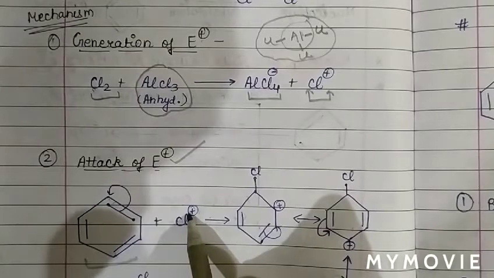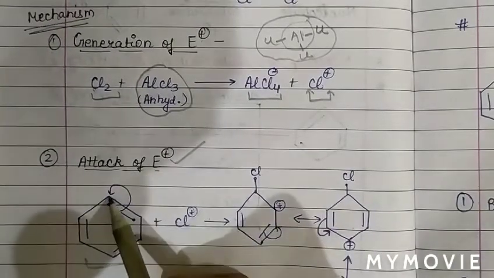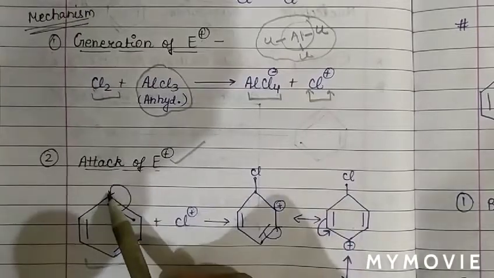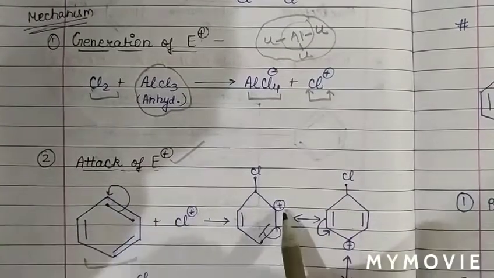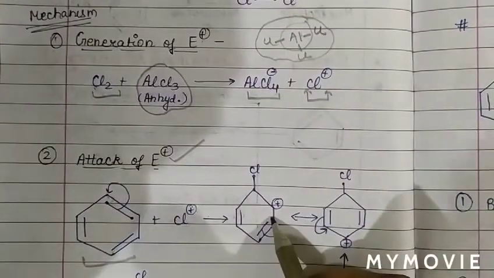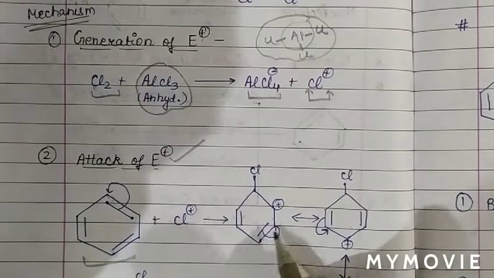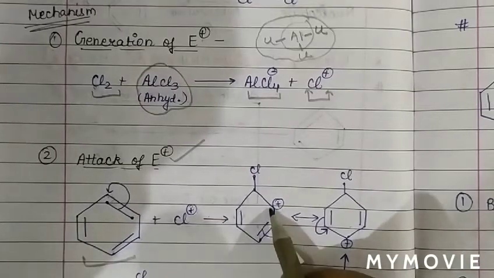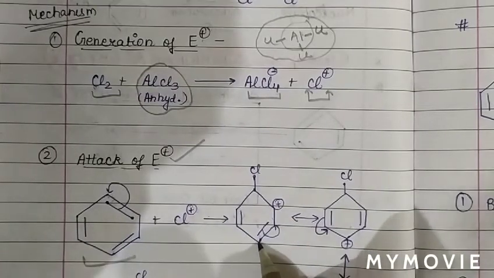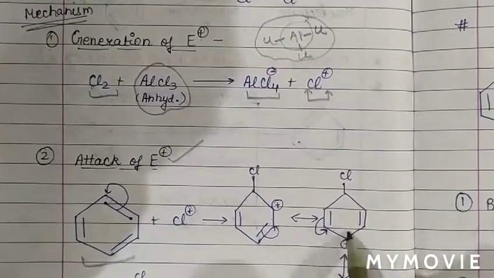As Cl is positive, it will attack the negative side, so Cl attacks this carbon having negative charge, while the other carbon has positive charge. As there is positive, single bond, double bond, it is a conjugated system, so there is resonance. Now the pi bond shifts between these two atoms, and on this carbon atom there will be positive charge. This is a resonating structure.